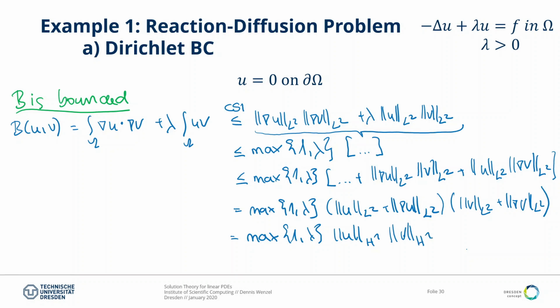So you see here we have taken the Cauchy-Schwarz inequality and applied some mathematical tricks by taking the maximum of the constants and adding something non-negative, and that gave us exactly the thing we wanted, because this thing here is now called C_B, so that's just some constant, and we are completely happy because we can bound our bilinear form from above by some constant times the product of the two norms.